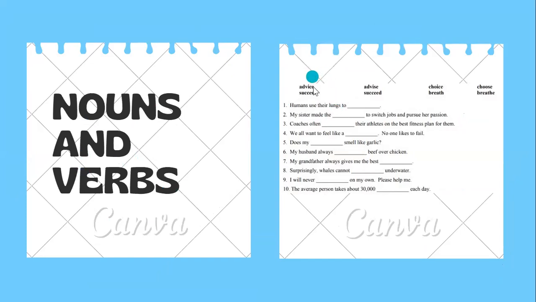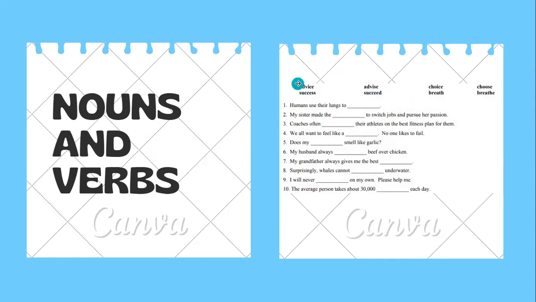So these are some verbs changing their endings and sounds, and we have to use the correct form of them. So if there are nouns in the sentence, the role of the noun, we have to use the noun form of it. So there is advise and advice.